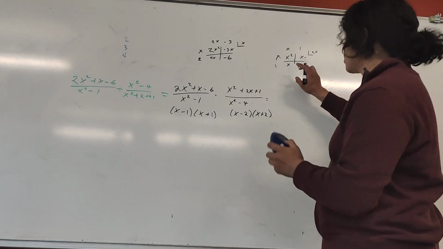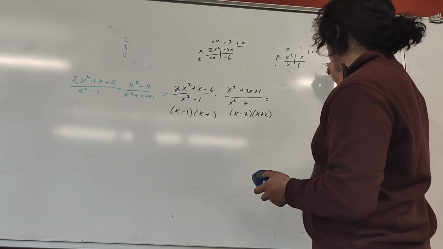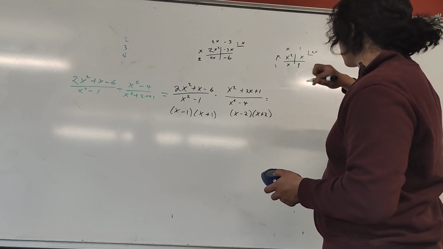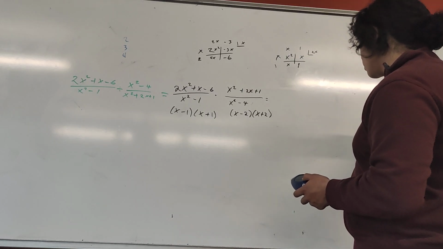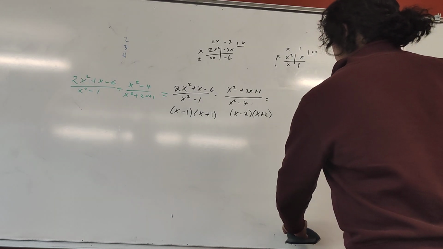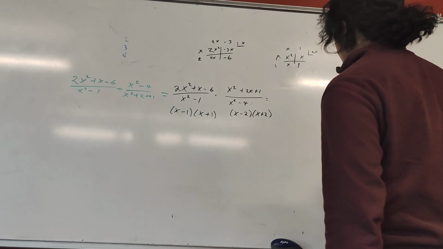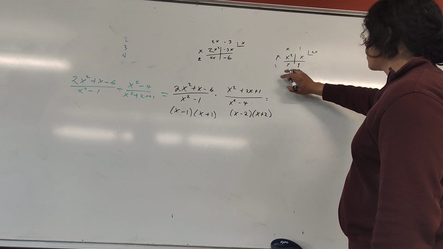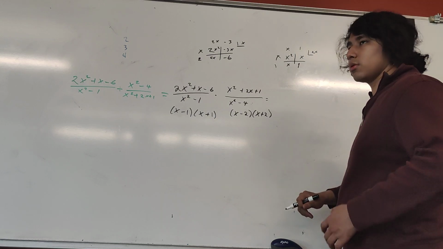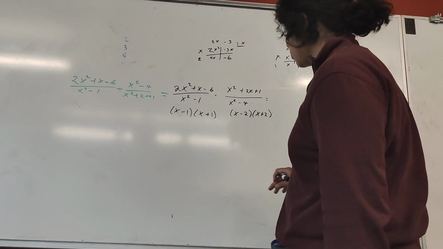Because if you were to use the table, you have to include 0x here. And since you have a negative here, one of your numbers have to be negative, and it will cancel out each other, or make it equal to 0.